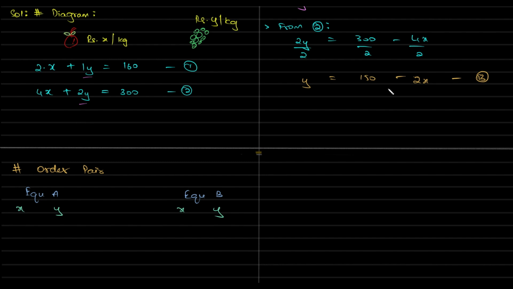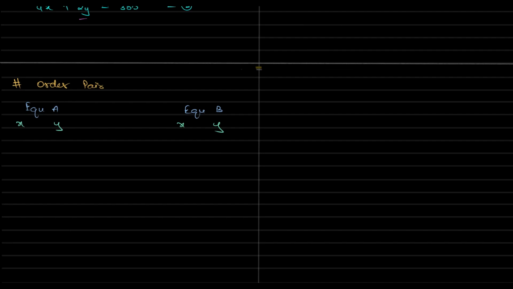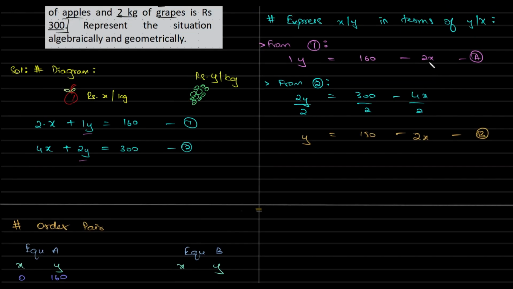Then we need to find the ordered pairs, the coordinates. First for equation A and then equation B. So we are looking at x and y values. For equation A, if I put a value of 0 for x, y will be 160. If I put a value of, I can't go with 1, it does not make sense.